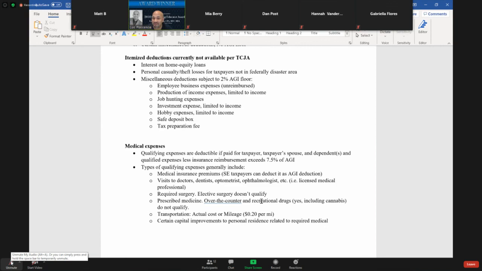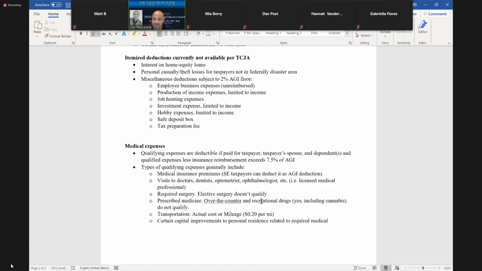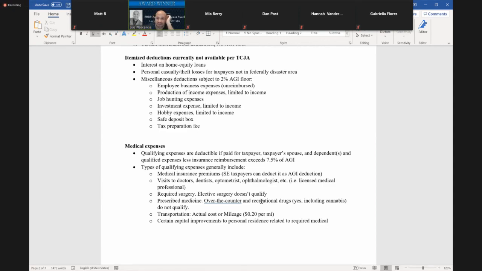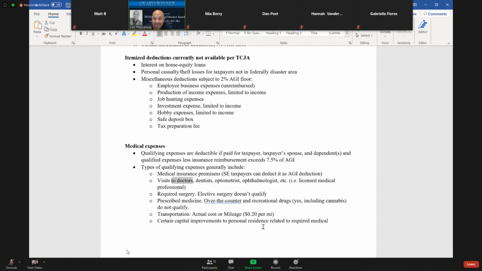I don't have the answer for that. I would guess that because it's a licensed professional giving you medical advice, the co-payment you pay to the doctor should be deductible. However, if that medical advice consists of prescribing cannabis, is that deductible? Unfortunately, cannabis is not deductible right now.